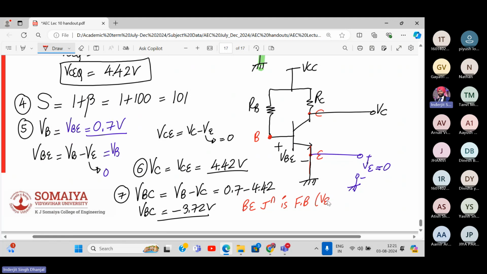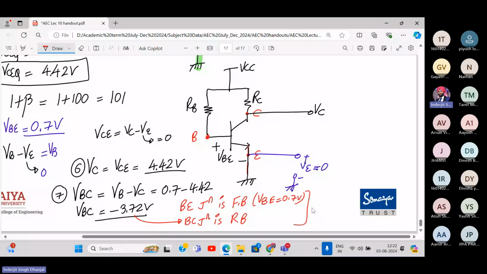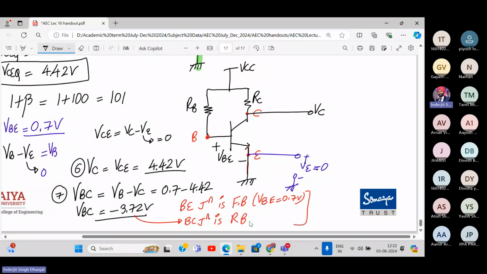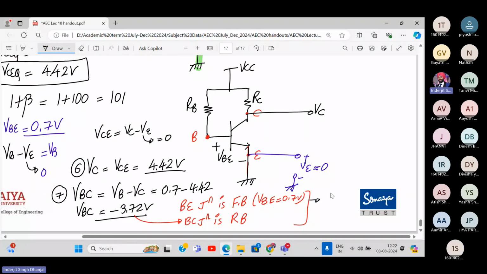Since VB is 0.7, it is forward biased. What about the base-collector junction? Negative, no? So negative means reverse biased. So in which region of operation is my device? Anyone? Base-emitter is forward biased, base-collector is reverse biased. So the BJT is in the active region.